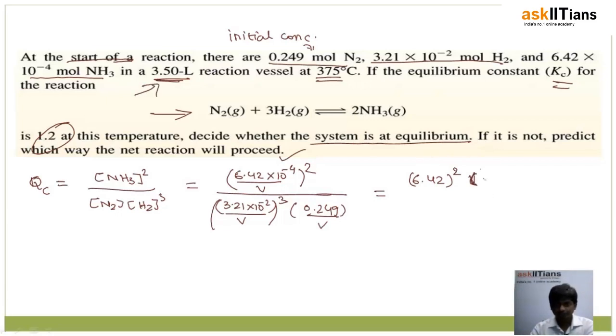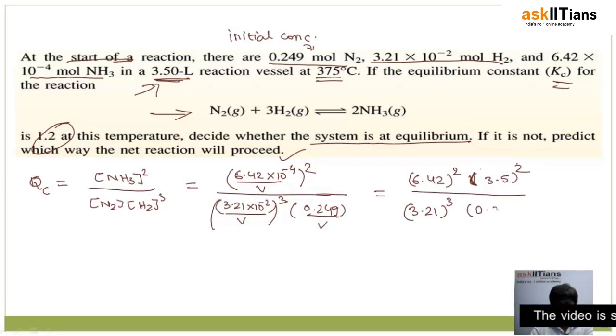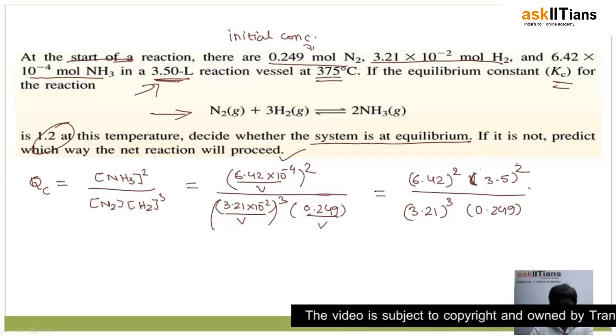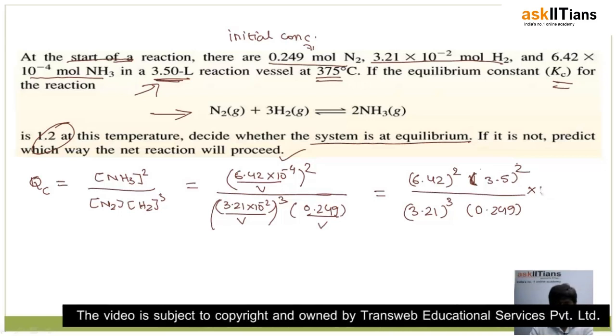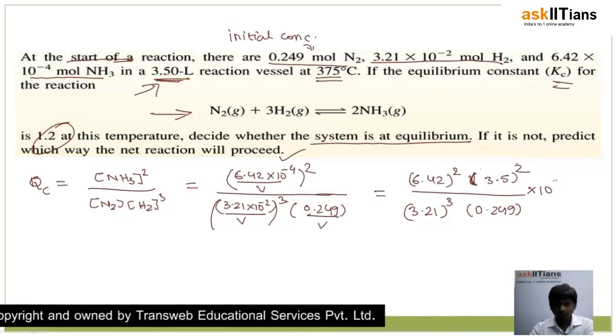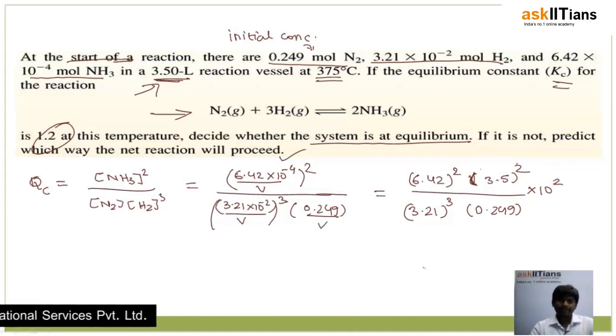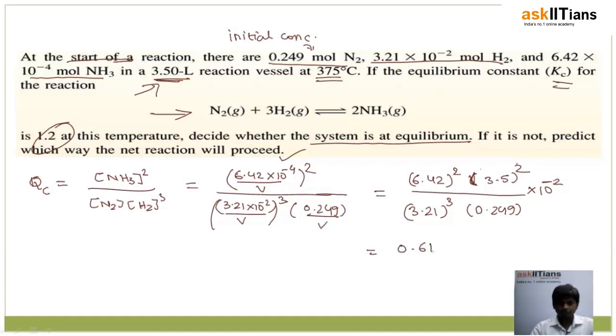See, it is given, so 3.5 whole square, whole divided by 3.21 whole cube into 0.249 multiplied by 10 to the power of 2. Correct? So 10 to the power of minus 2. Okay, so when you solve it, you will end up with 0.613.